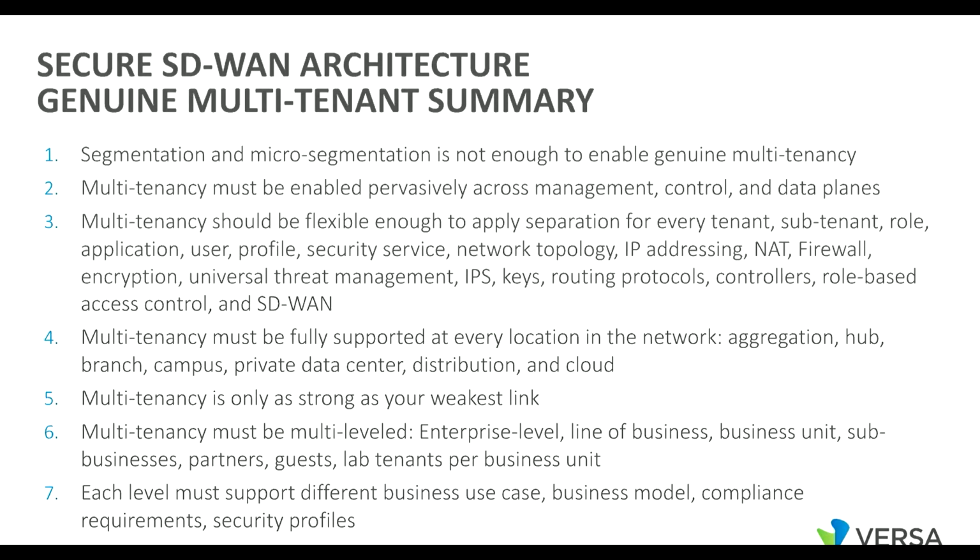The key takeaways is segmentation and microsegmentation are all good and well, and they all serve a purpose, but they don't necessarily always get you to your end goal. And your end goal is to have parts of your network and even individual devices in individual business units that will not and cannot step on all the others. So a true multi-tenancy will take you to that level.